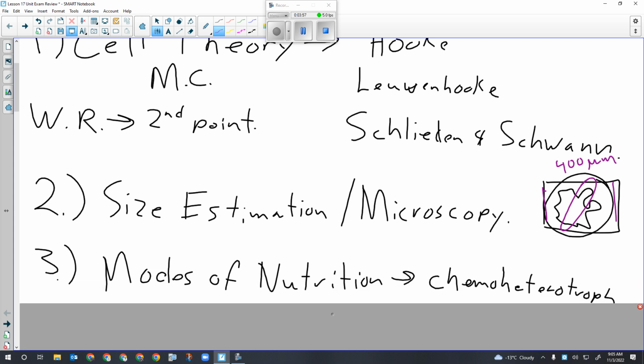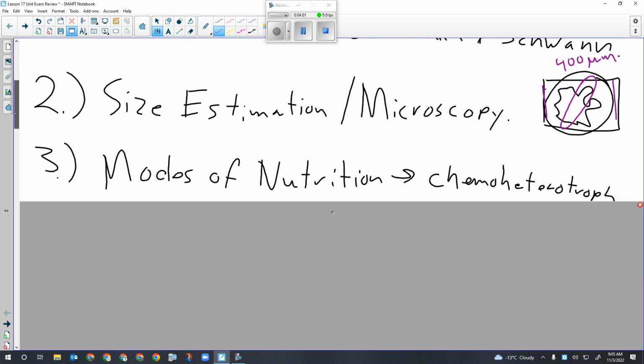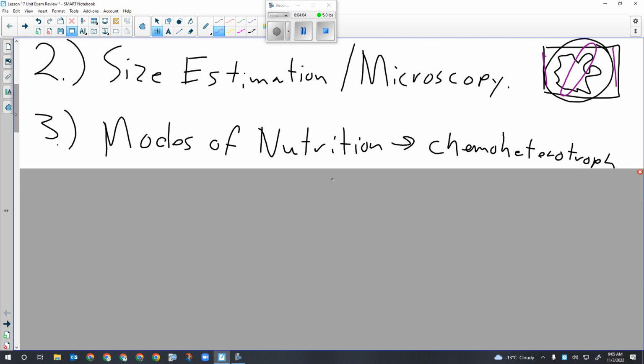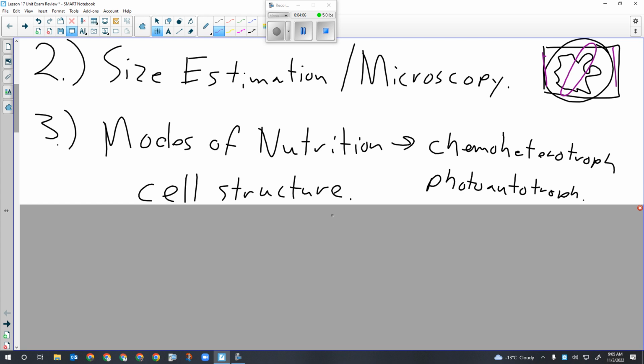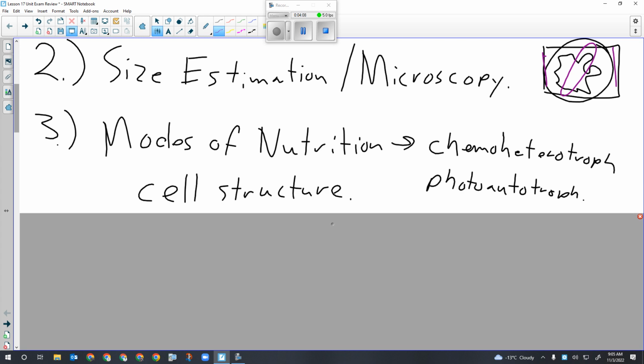Okay, and then modes of nutrition, okay, was the next thing we went over after we did the microscopy lab. We talked about modes of nutrition, that's chemoheterotrophs and photoautotrophs, and how that relates to the structure of the cell. Okay, so basically why plant and animal cells look different.